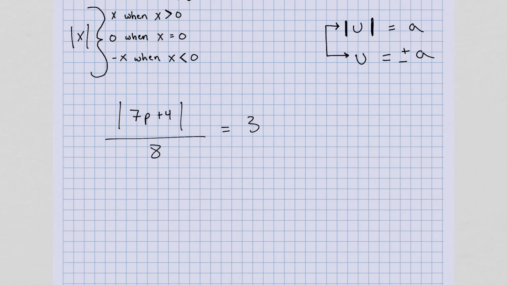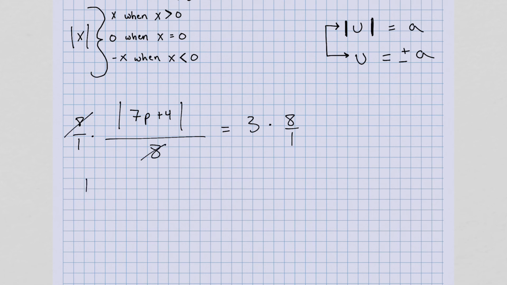All right, so the absolute value of 7p plus 4 is being divided by 8, and we're going to say that equals 3. To get this absolute value expression by itself, we need to get rid of this 8 in the denominator. To do that, we simply multiply both sides by 8, which cancels it out here.